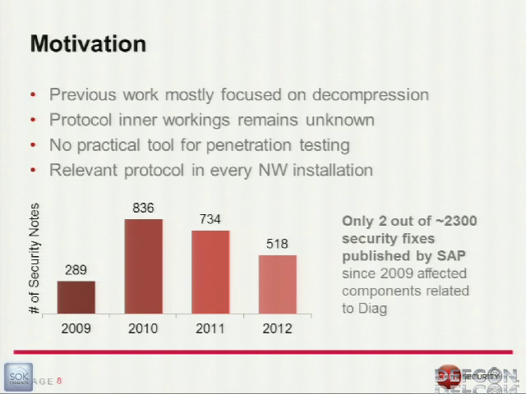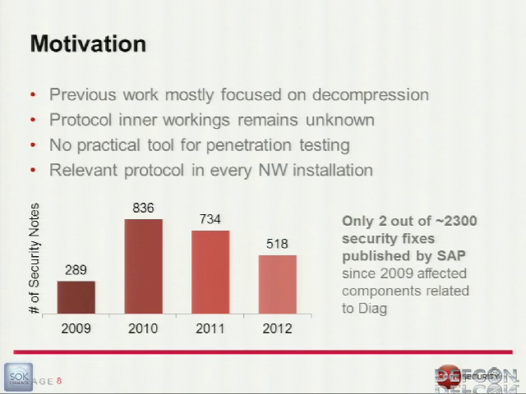And also the protocol is relevant because it's present in every Netweaver installation. And we often see customers that are not using encryption. So this also makes an interesting point. And additionally, out of around 2,200 security fixes published by SAP, only 2 affect the protocol.